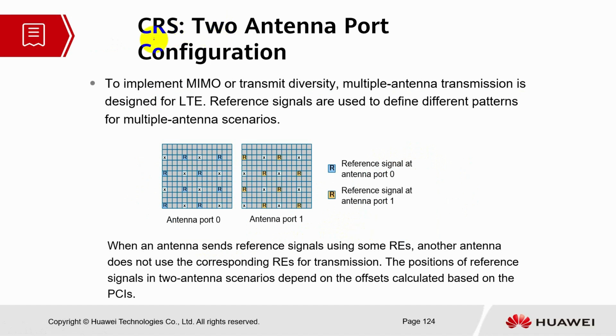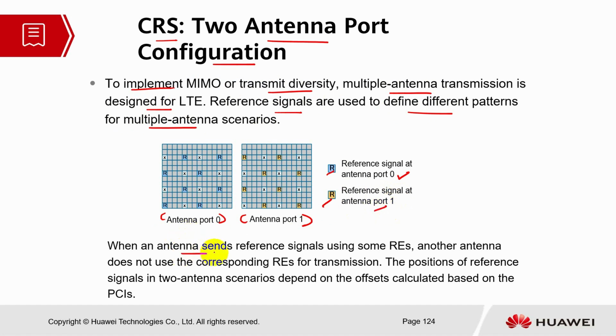Now the cell reference signal to antenna port configuration. To implement MIMO or transmit diversity, multiple antenna transmission is designed for LTE. The reference signal is used to define different patterns for multiple antenna scenarios. This is antenna port 0 and this is antenna port 1. The blue one is the reference signal at antenna port 0, and the yellow one is the reference signal at antenna port 1.